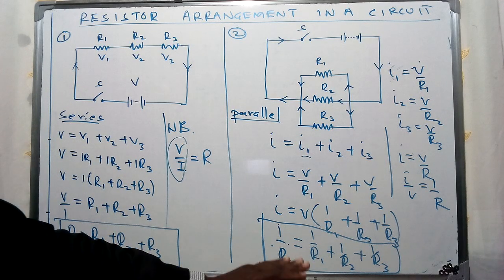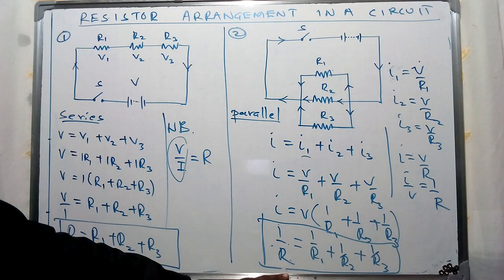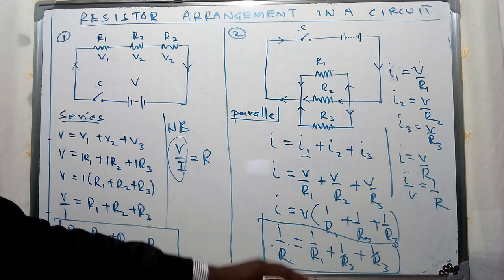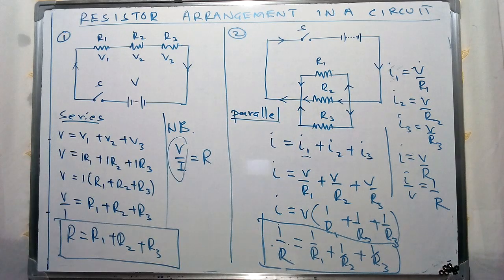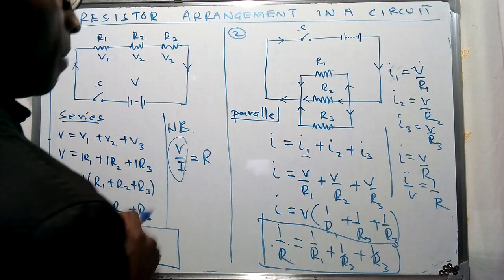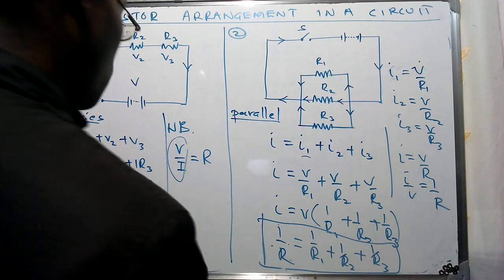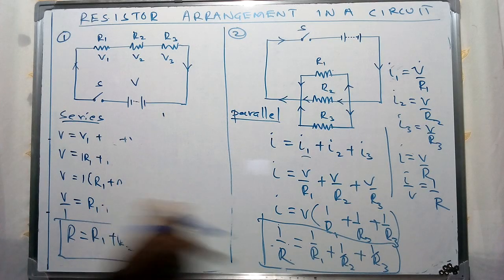Now, for the arrangement of our resistors in a parallel form, suppose we have two resistors. We can find R effective by finding the product over the sum. I can just do that for illustration purposes.